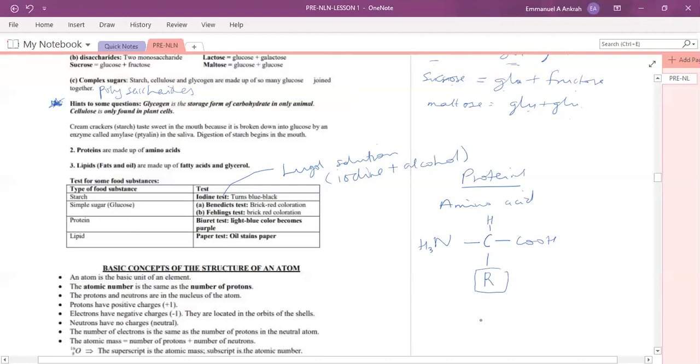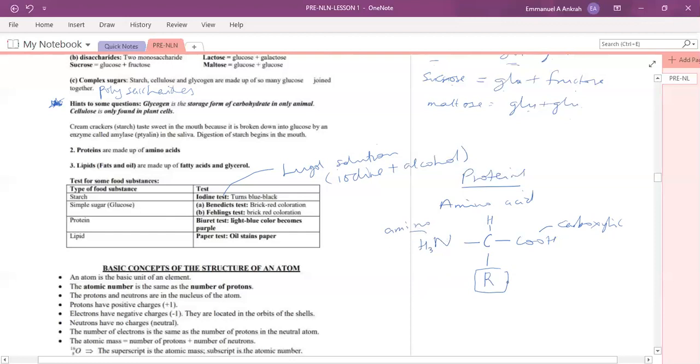Every amino acid looks like this, with carbon, nitrogen, and oxygen in it. This end here is called the carboxylic end, and this end here is called the amino end. So every amino acid has an amino end and a carboxylic end like this.